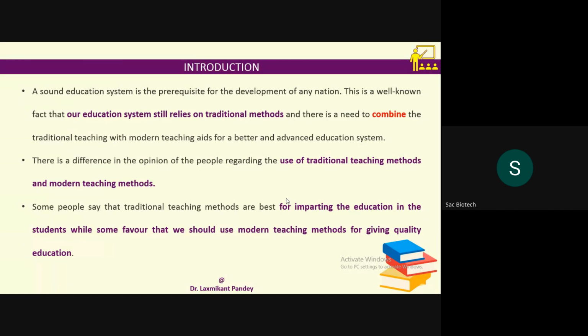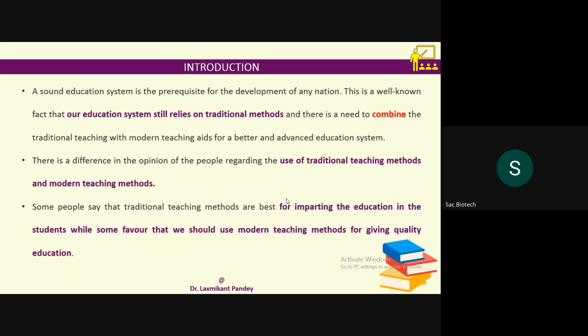In today's generation, it is very important to combine them, because traditional teaching methods also have lots of importance and merits. It is not justifiable that we should only focus on innovative teaching methods. We cannot skip the traditional teaching methods.